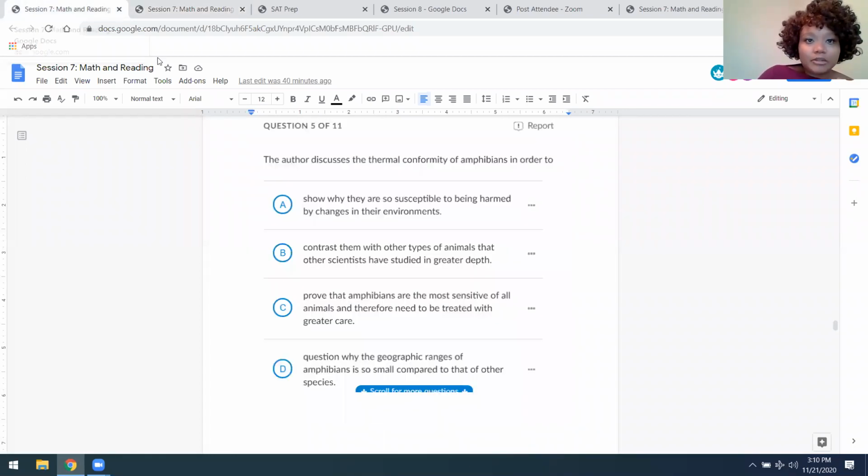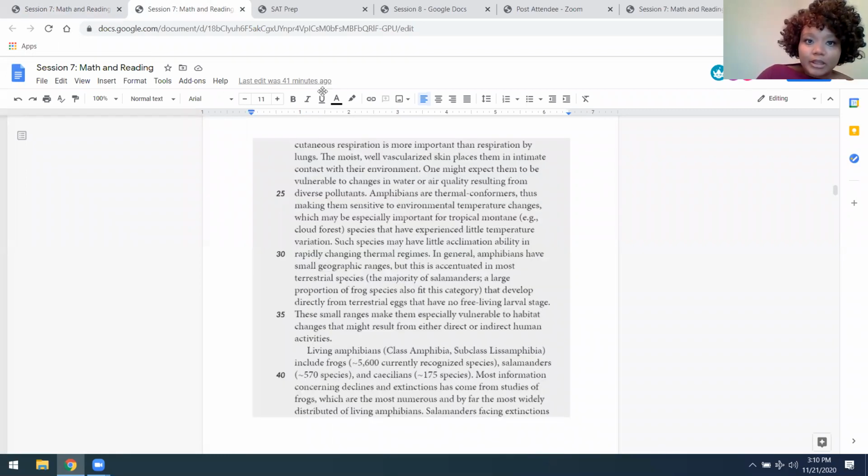Let's go back to our question. And the answer choice A, show why they are so susceptible to being harmed by changes in their environments. Line 29, yeah. Such species may have little acclimation ability in rapidly changing thermal regimes.